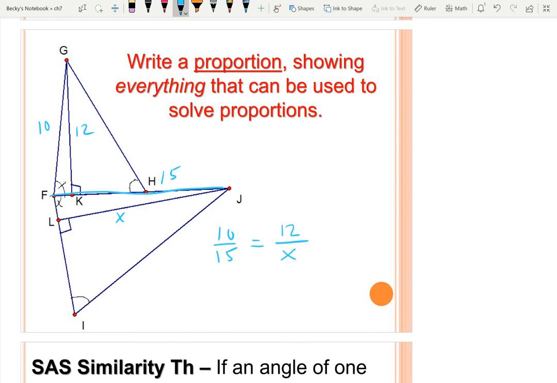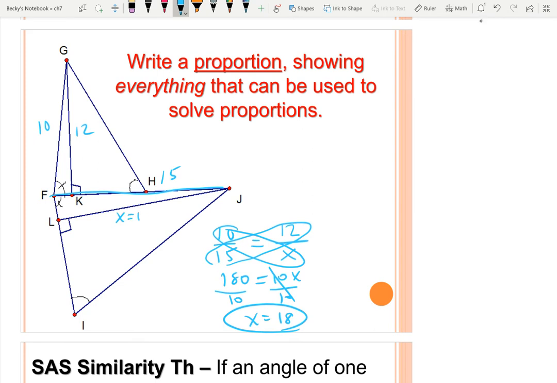Do you guys remember which way your means are? The means are going up. So 15 times 12 is 180. And my extremes is 10x. I divide both sides by 10, so x is 18. All right, so that's the way you're going to use it. I kind of ignored my directions there.